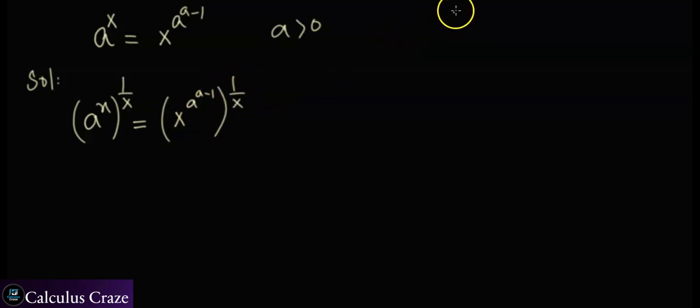Then I can apply this famous rule, which says that if you have a real number k with a power m, raised to another power n, then I can write this as k to the power mn. So it's a power rule: power of a power, k to the power m whole to the power n is the same as k raised to the power m times n. I can apply this rule over here, and this gives me what?